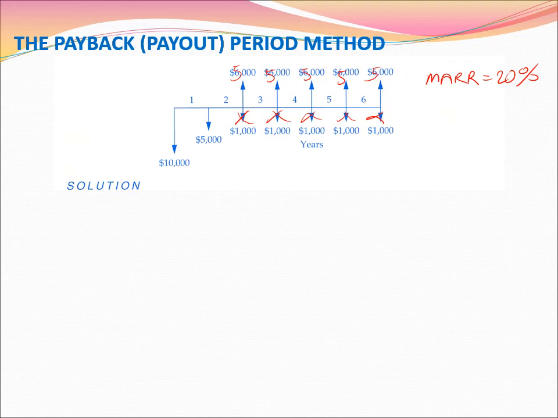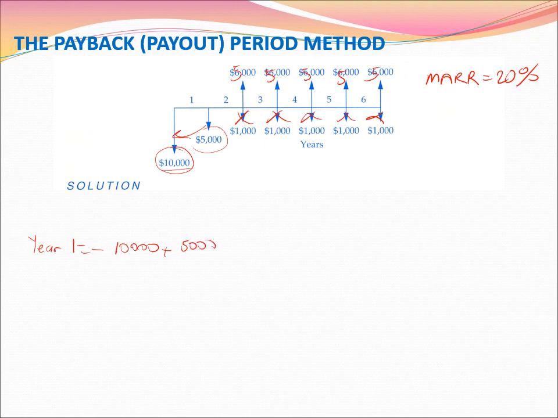So I find the present worth of all investments. This 10,000 is already in present time. I need to calculate the present worth of this expense as well. So it will be 10,000, of course negative, plus, so I'm going to write here year 1.